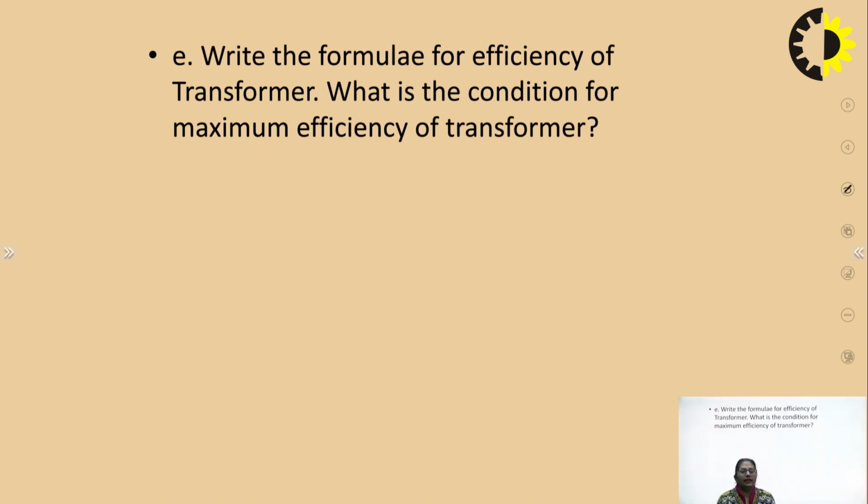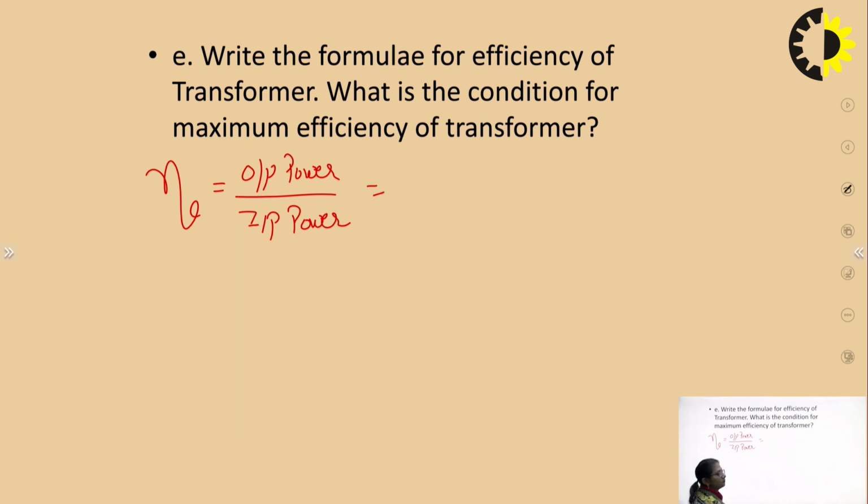Now, the next question being asked is, write the formula for efficiency of a transformer. What is the condition for maximum efficiency of the transformer? So, the formula for efficiency of a transformer. What do we understand by the efficiency of a transformer? The efficiency of any device is given by its output power by input power.